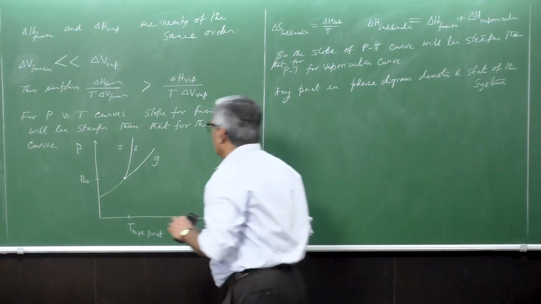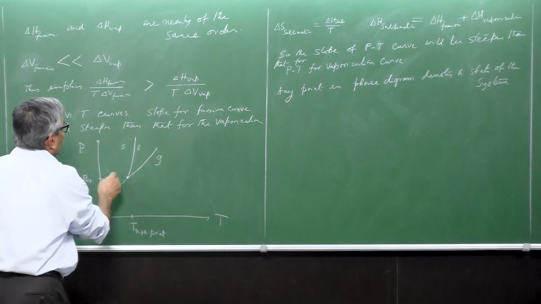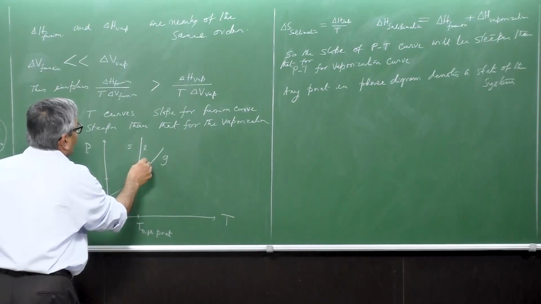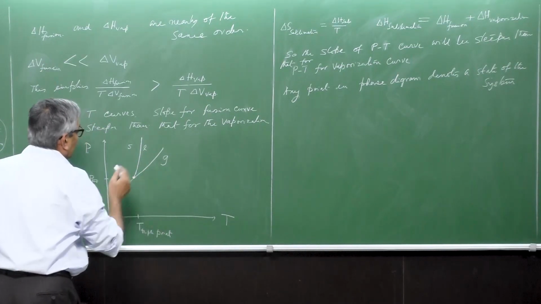So, any point in this region is a solid state, is a solid phase, and any point in this region is a liquid phase, and any point here is basically gaseous phase.